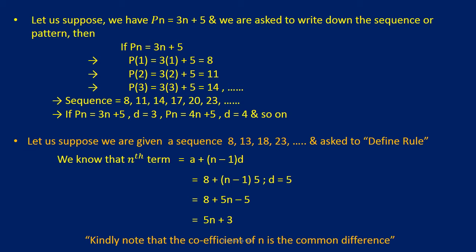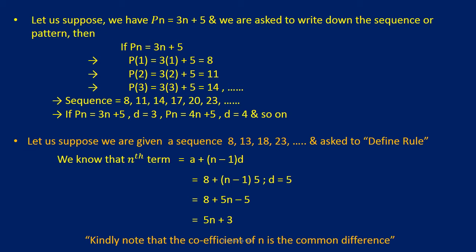Now, there should be some rule to it while deriving a sequence. And to understand this rule, let us see an example. We are given a sequence 8, 13, 18, 23, and so on. We can see that the sequence follows a certain pattern, and there is a common difference of 5 between the numbers.